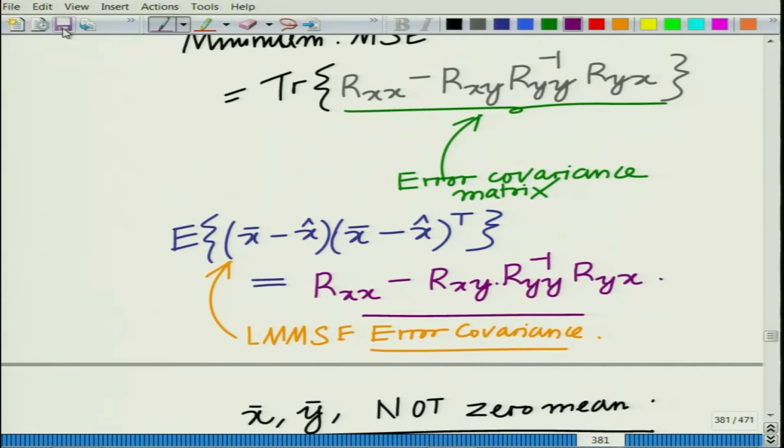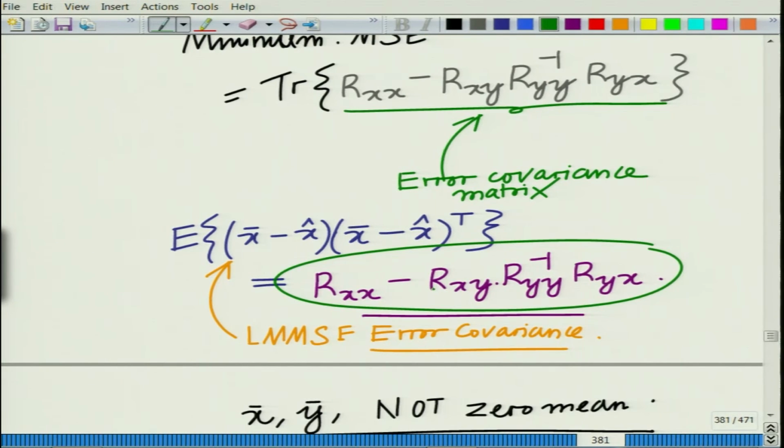And that is in fact reflected in the error covariance. If you examine this again, you will notice that this error covariance is r x x minus r x y r y y inverse r y x. Greater cross correlation r x y, of course these are matrices, so you cannot say one is greater or lesser, but intuitively greater r x y implies lower error.